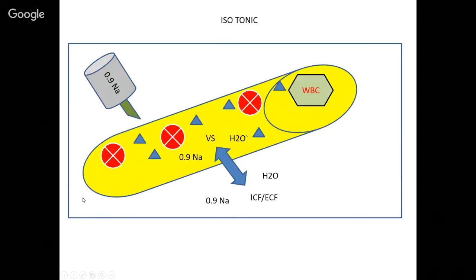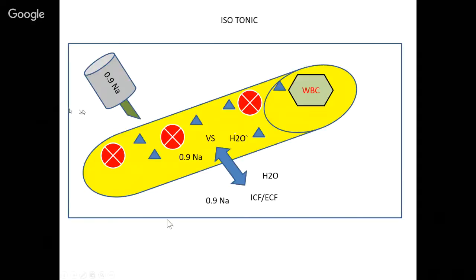In an isotonic situation, there's free balancing movement of water both in and out of the blood vessel to keep this system balanced, and it just happens naturally. There are no real forces on it. This is the normal situation between the blood and the ICF and ECF.